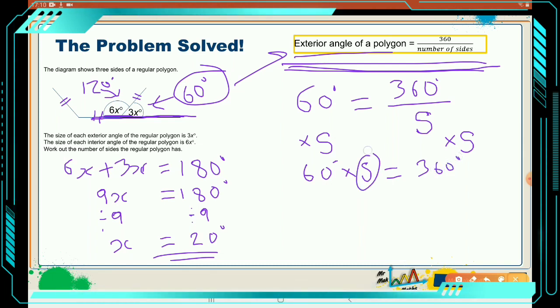Now if I want S by itself, what is the 60 doing to the S? It's multiplying, so the opposite of multiplication is to divide by 60. So I divide both sides by 60.